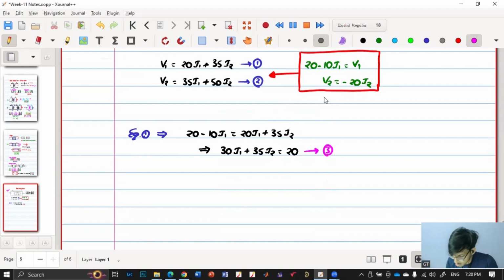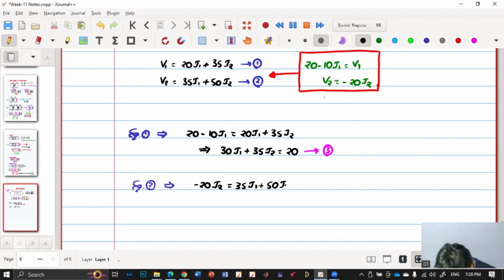Now equation 2 will become: V2 is minus 20 I2, so minus 20 I2 equals 35 I1 plus 50 I2.